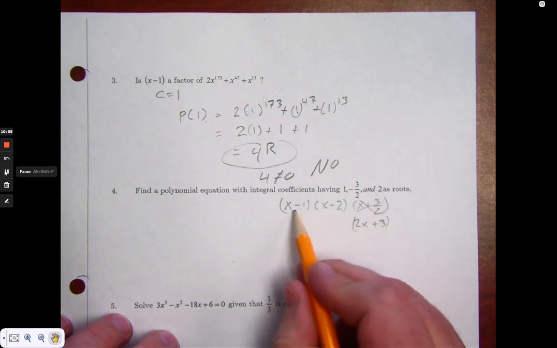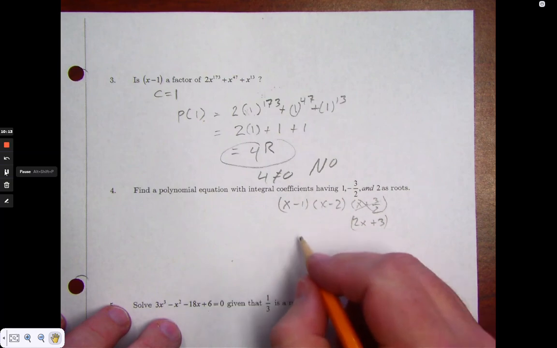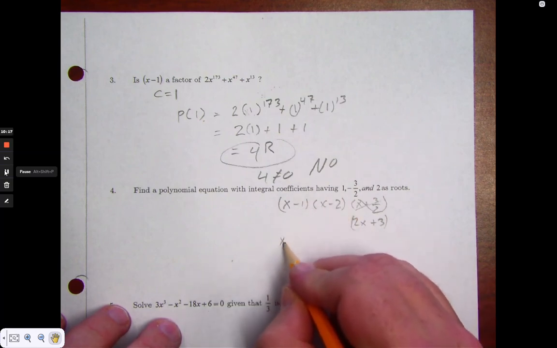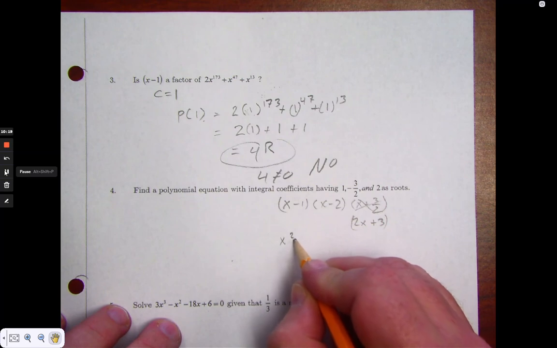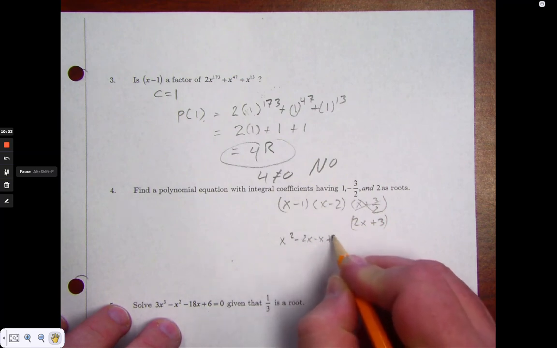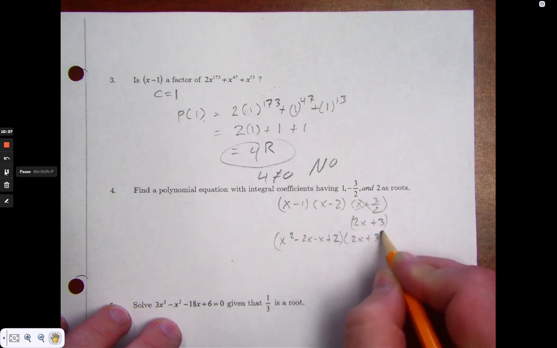So now we know if we multiply those together, it will give us back our original equation. So that would be x minus 1 times x minus 2. So that's x squared, and then minus 2x minus x plus 2. And then that quantity is times 2x plus 3.